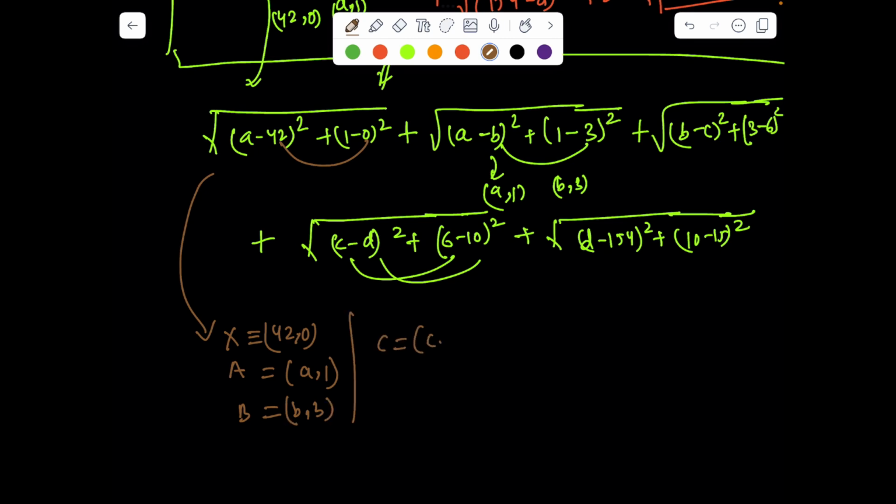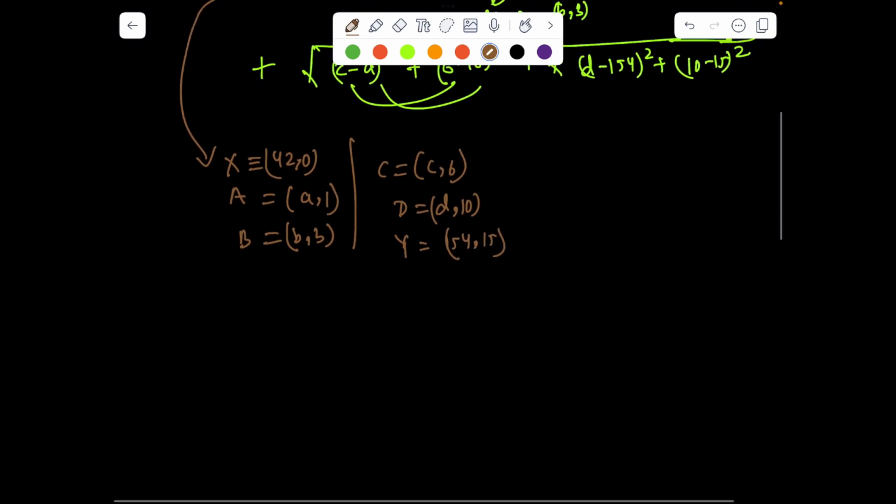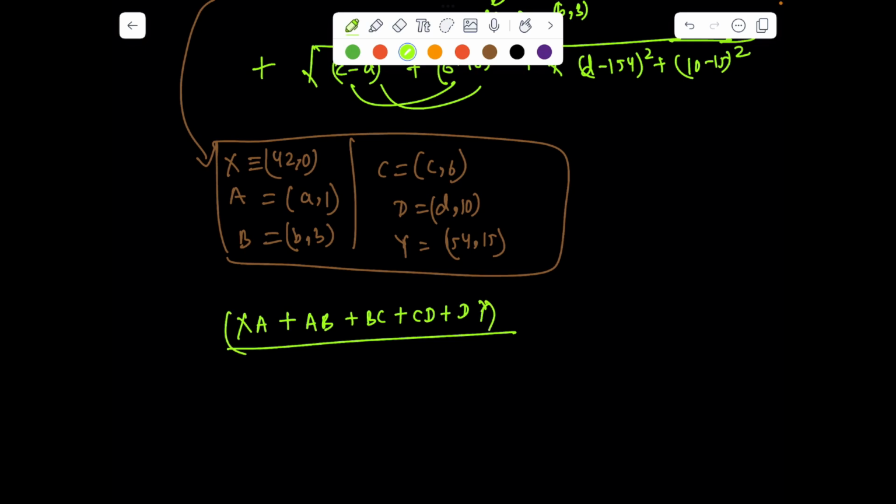We can take point C as c, 6, point D as d, 10, and the last point Y as a fixed point 54, 15. So the given problem just boils down to finding the minimum value of the expression XA plus AB plus BC plus CD plus DY.